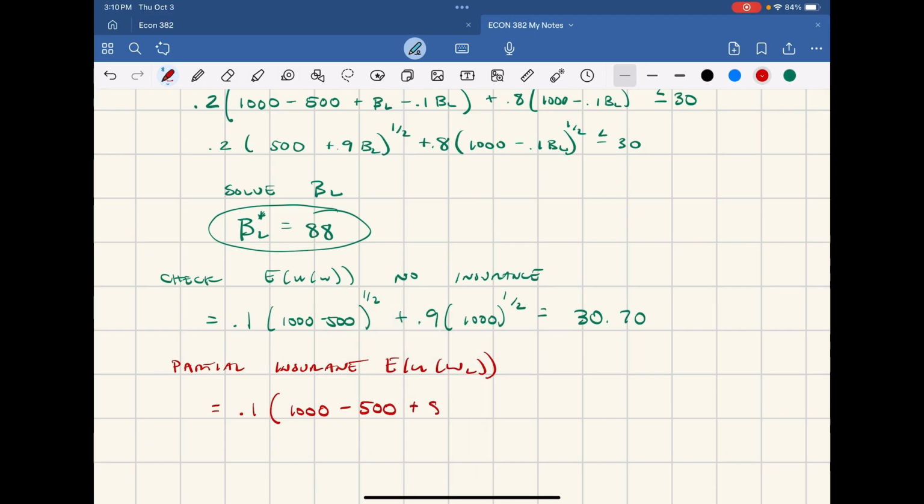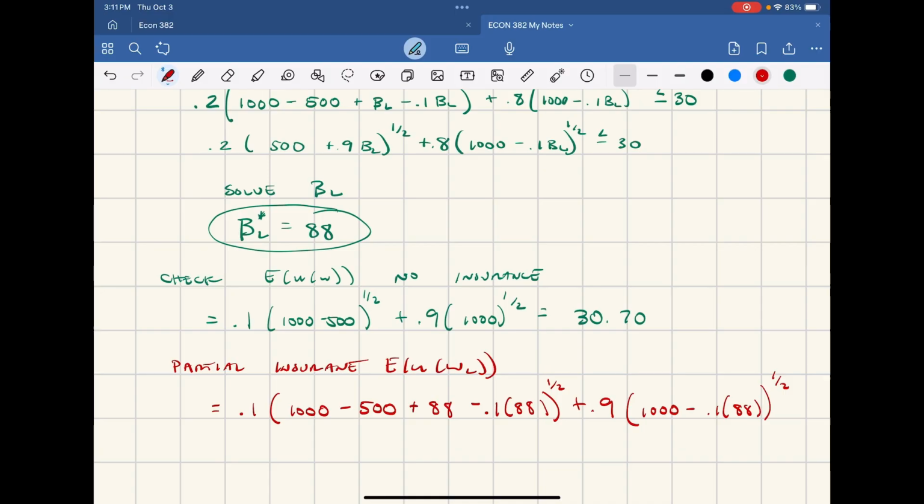They get $88 back because that's the benefit, minus they have to pay for that, which is 0.1 times 88, plus 0.9, and all that should be to the half. 0.9 times 1,000 minus 0.1 times 88, and all of that is to the half.